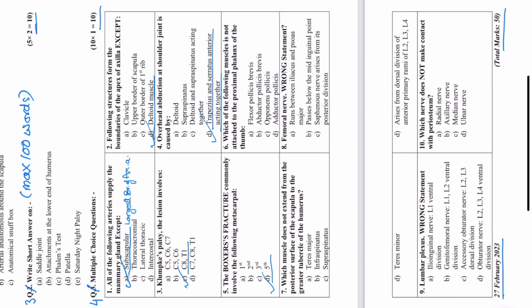These three are called the muscles of the thenar eminence, which form the bulging contour over the first metacarpal, and these three muscles are innervated by the median nerve. However, adductor pollicis is a deeply lying muscle and it is innervated by the deep branch of the ulnar nerve. One more important point is that adductor pollicis is the last muscle to be innervated by the deep branch of the ulnar nerve.